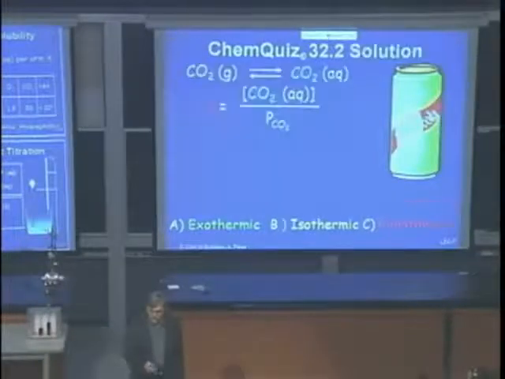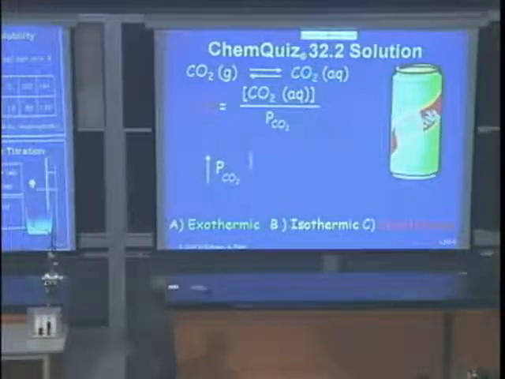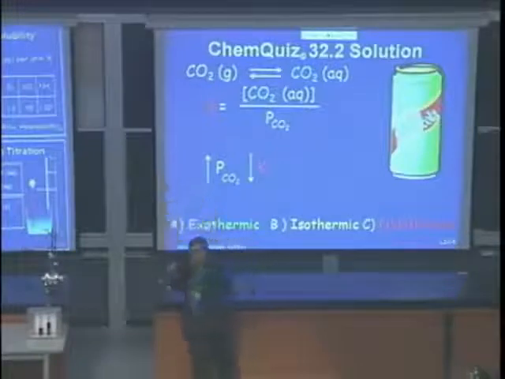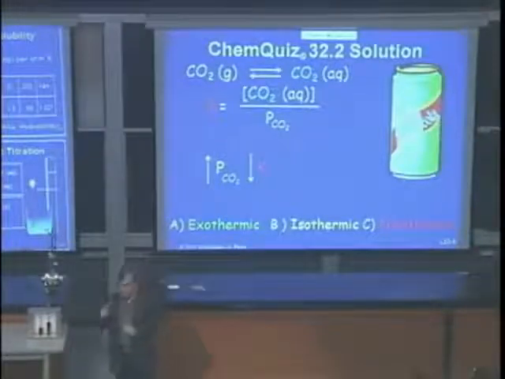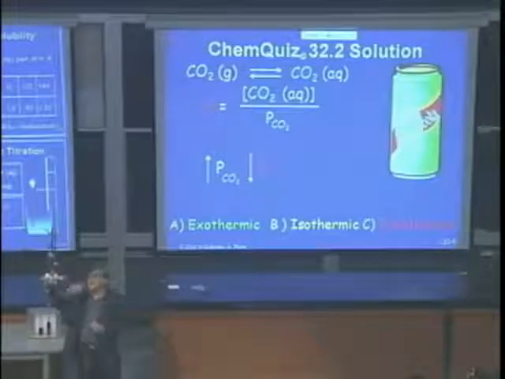Okay, and let's see our answer. This is our equilibrium, we just talked about it. So if the partial pressure goes up, the equilibrium constant goes down. And now, if I have the dependence of the equilibrium constant as a function of temperature, how does it look if it's exothermic? Does it go down or go up as a function of temperature?